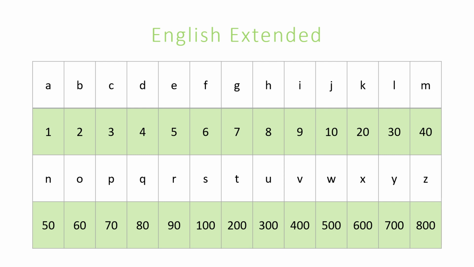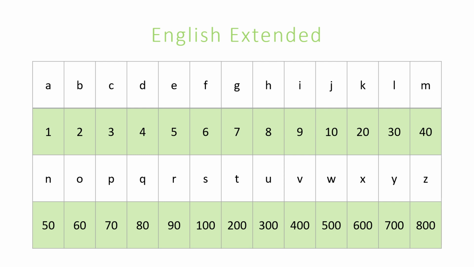Moving on to the English extended cipher, a modified version of the Pythagorean order. Instead of the decimal system in the Pythagorean order, this cipher follows the denary system as present in ancient ciphers like Hebrew Gematria and Greek Isopsephy. It is basically in increasing order of magnitude of 10.